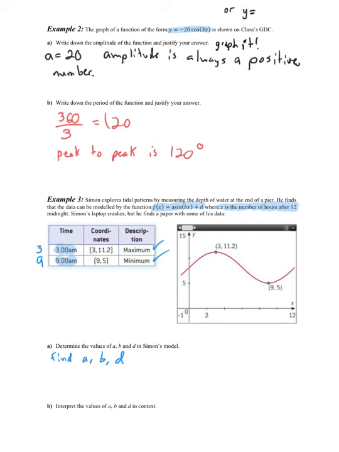That's the first thing we're going to do. And then the second part, the more important part, is we need to interpret what those values mean in a real world context. For an IB test, we're going to be in degree mode all day, every day for these problems. Okay, degree mode for an IB exam.